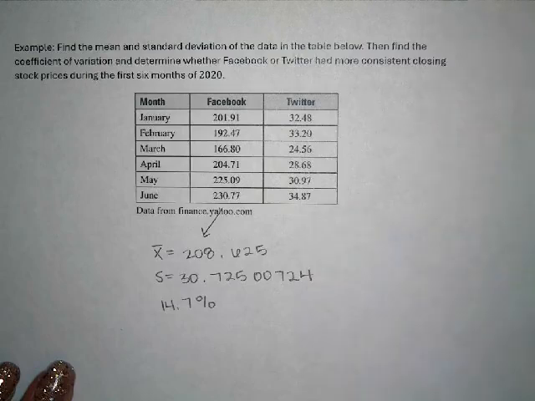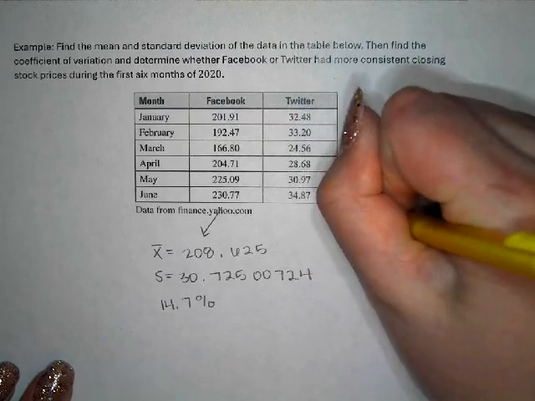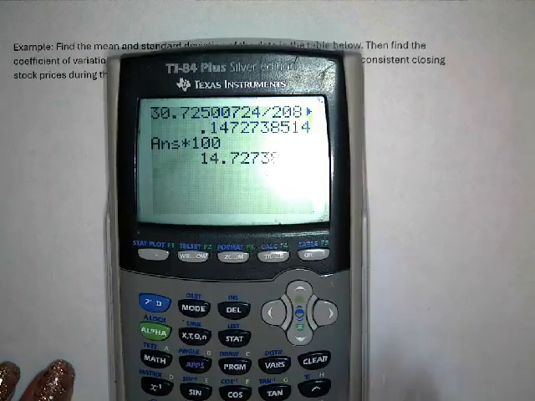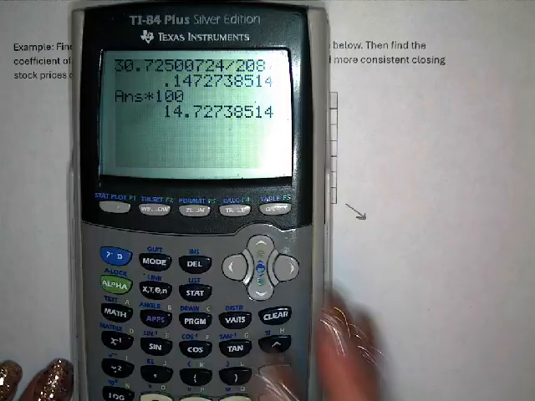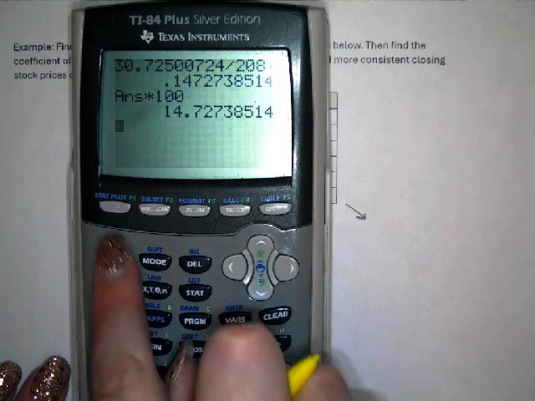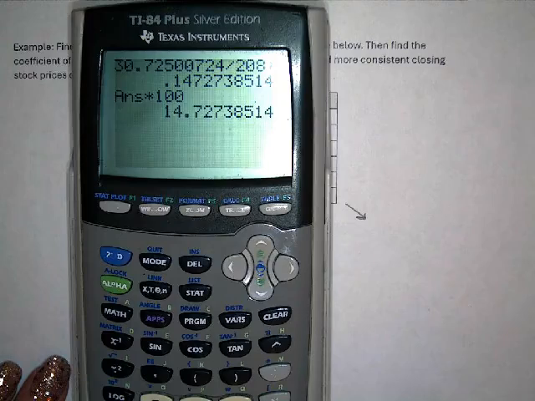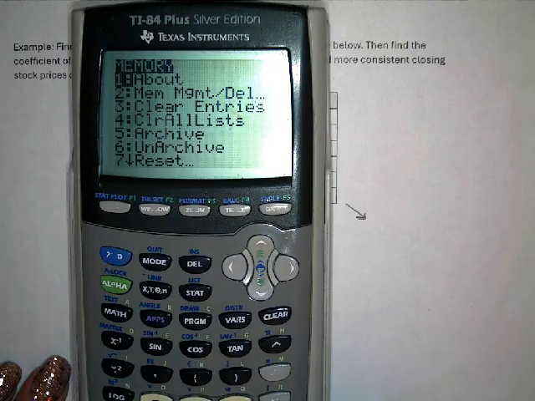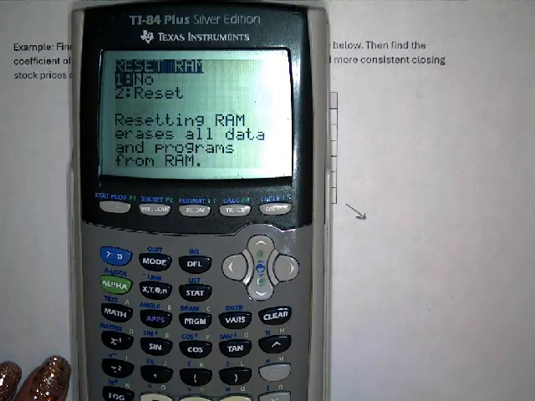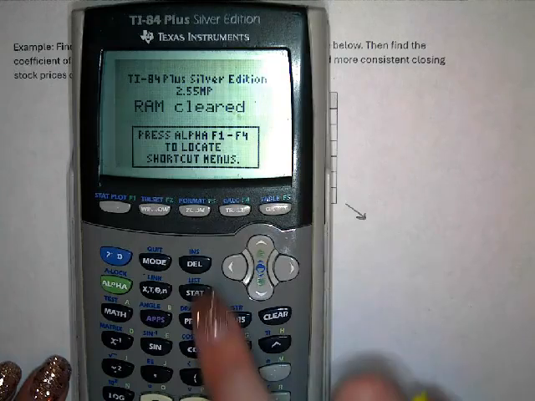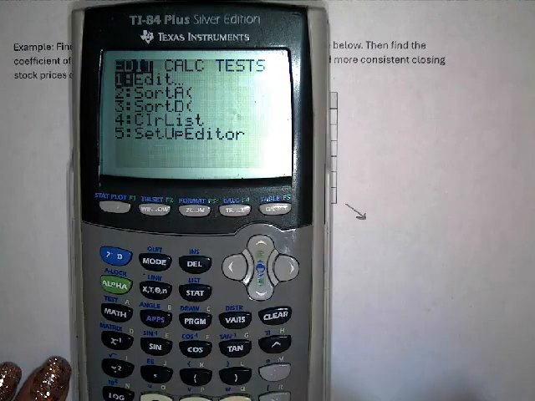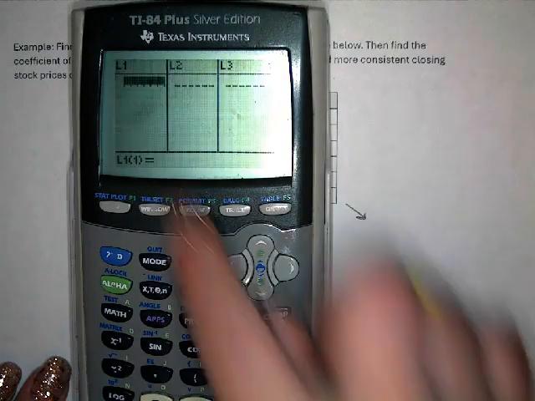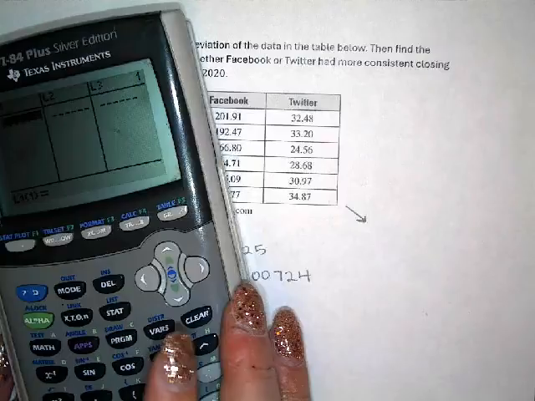So to clear the memory on my calculator, I'm going to hit the blue button, second, and then the plus sign, and then 712. And now if I hit the Stat button and go back through the process again, all of these are cleared out. You don't have to clear them out, you can just write over them, but I like to have the boxes empty.